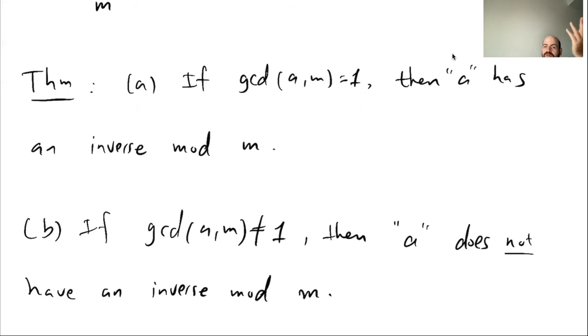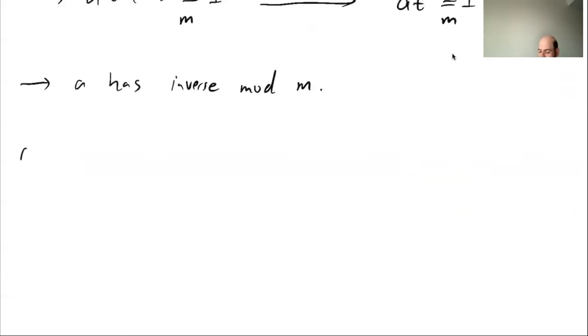How about if I use proof by contradiction? So for part B, proof by contradiction.